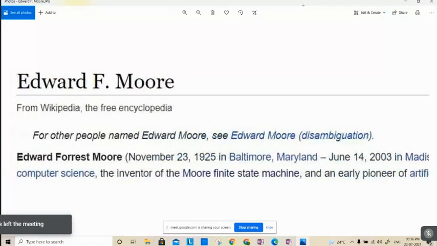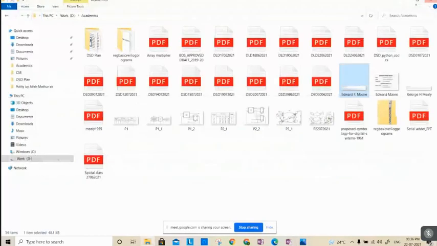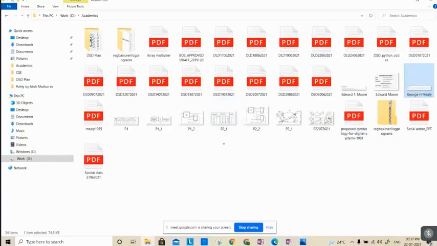You need not remember these names. This is not essential. So first Mealy machines came into existence, and after that, in a couple of years, Moore machine came into existence.